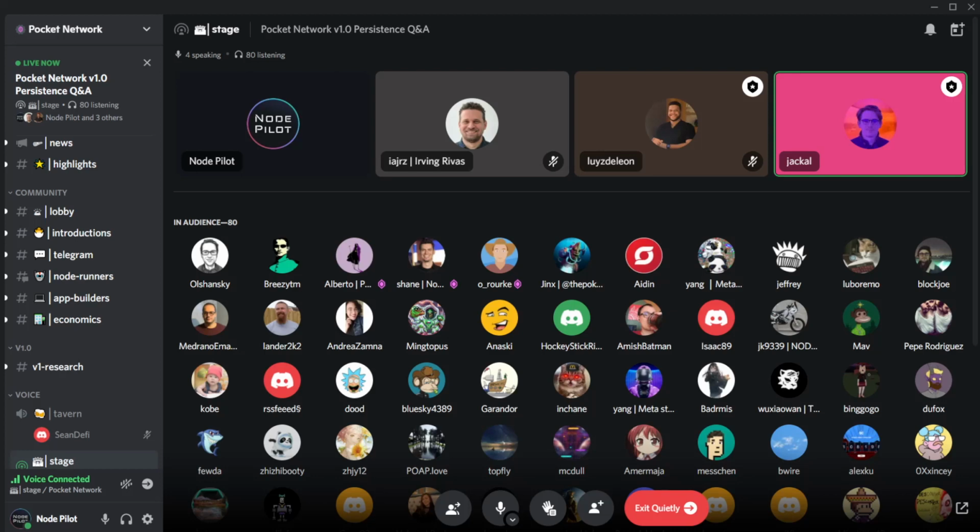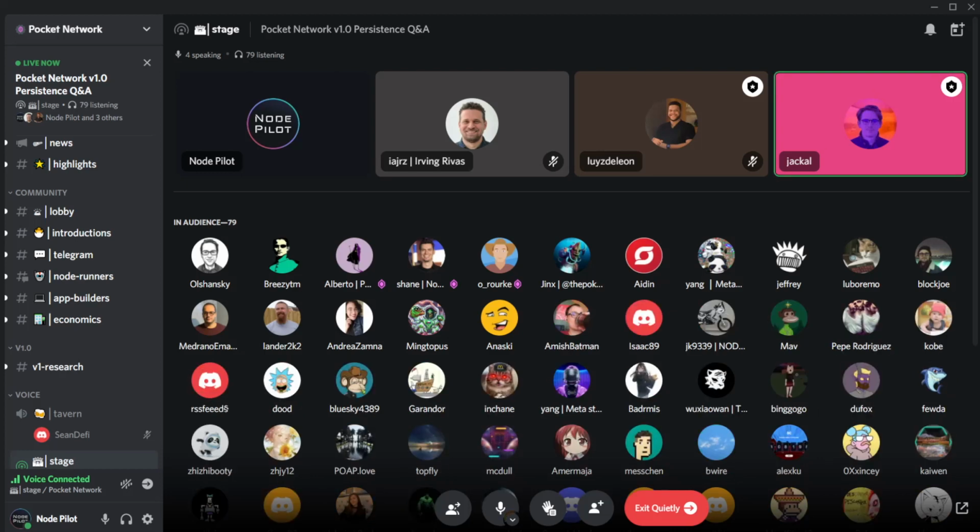Okay, so here in the V1 research channel, I posted a link to the V1 GitHub repo. It's simply Pocket. This is the repo where we are building out the V1 POC, and we'll be developing in there until the launch.